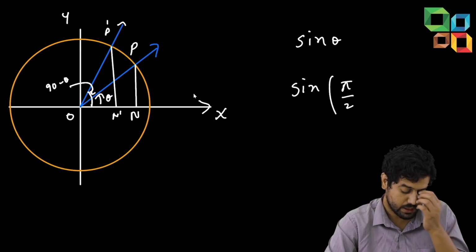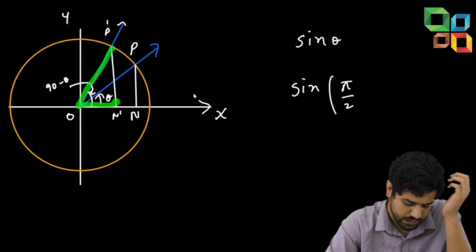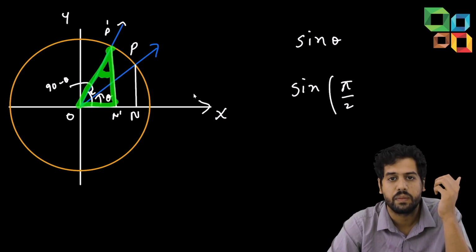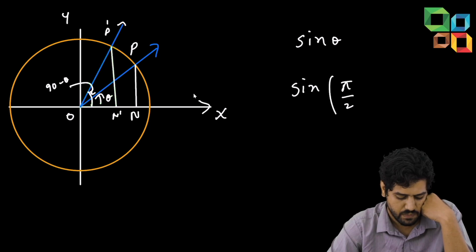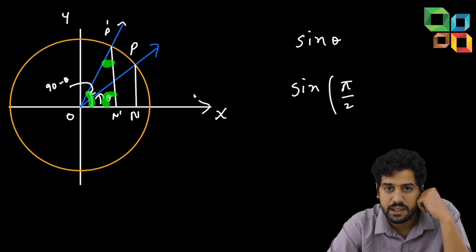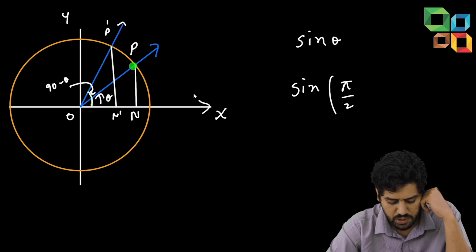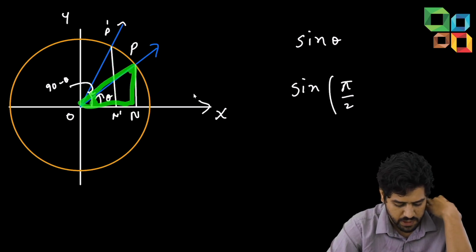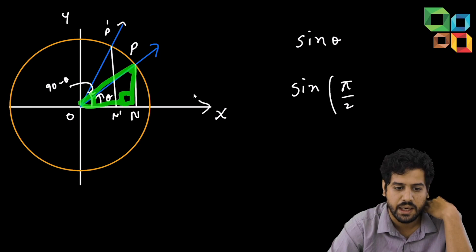So if you look at this triangle, what will this angle be? Angle P dash. This angle is 90 degree. This angle is 90 minus theta. So the remaining angle will be theta, correct? So even in this triangle, we have one angle theta, one angle 90 degree. So what will be this remaining angle?